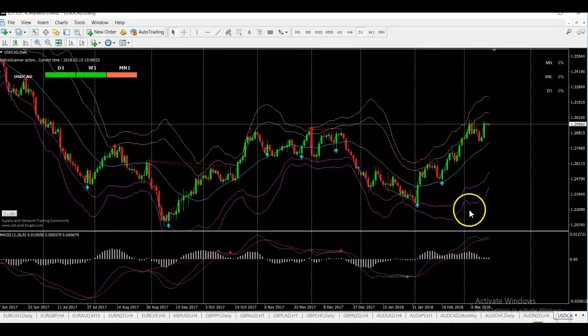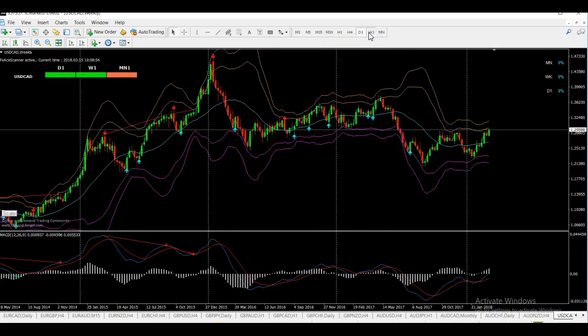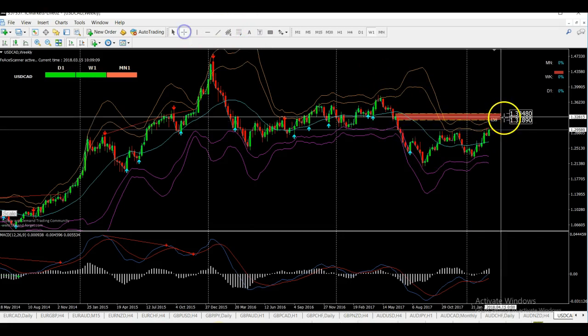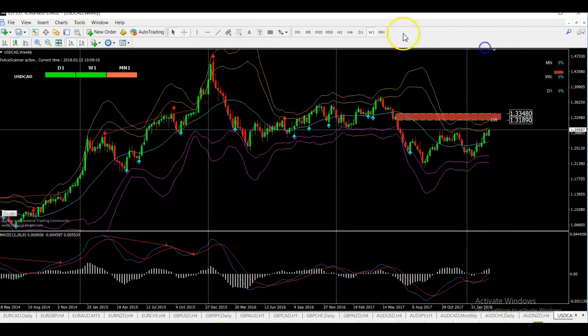Anything else? USD CAD. USD CAD looking like it's heading north towards 131 or 132 anyway. Nice double bottom formation here. This usually means a rally back up.